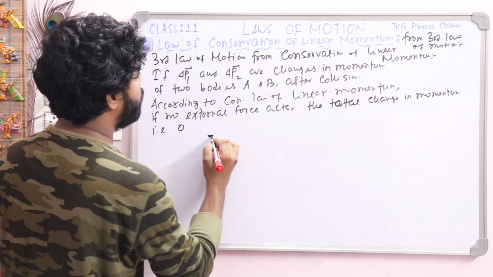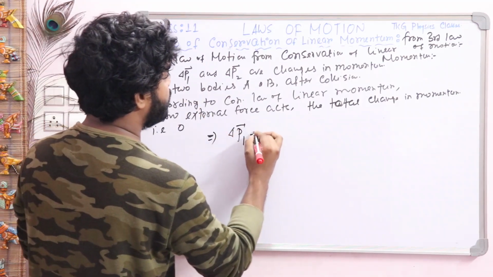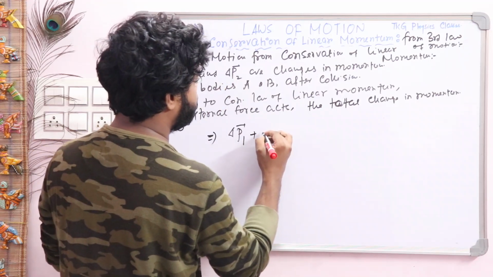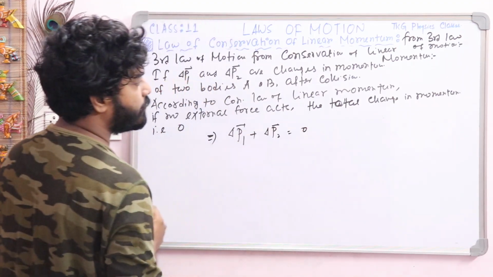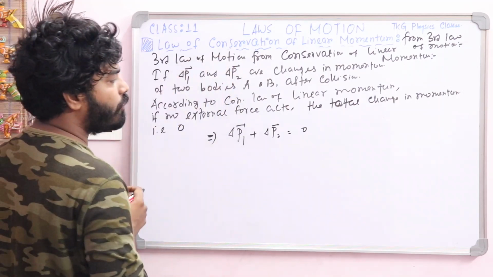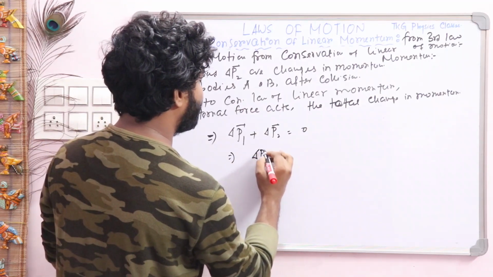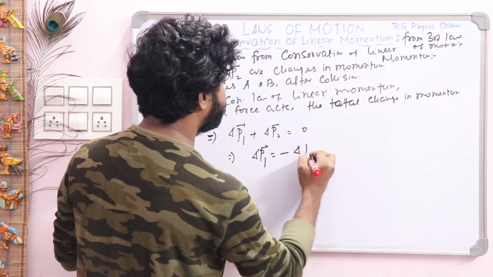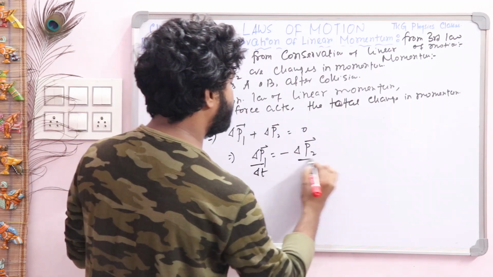So here the first body's change of momentum is del p1, the second body's change of momentum is del p2, and del p1 plus del p2 is equal to 0, because no external force acts. So from here you can write del p1 vector is equal to minus del p2 vector. Now divide both sides by del t.